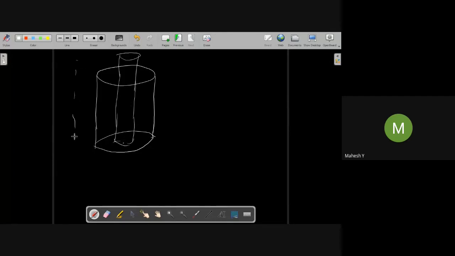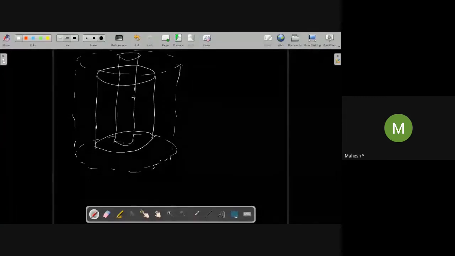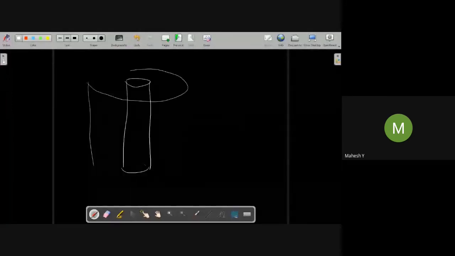Now I'm creating an enclosed surface of radius rho greater than B. So this is the inner cylinder, and you have an outer cylinder of radius B, right?